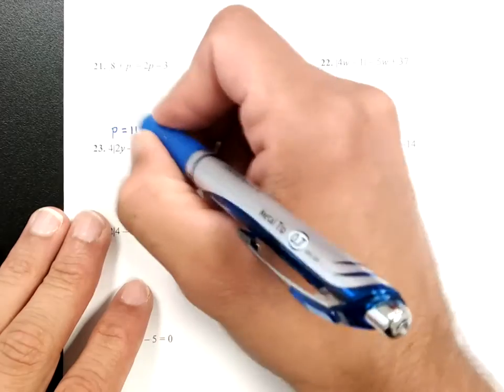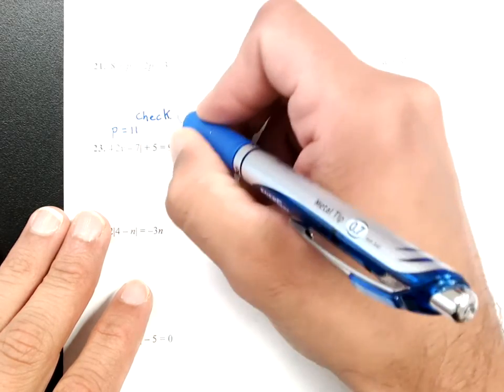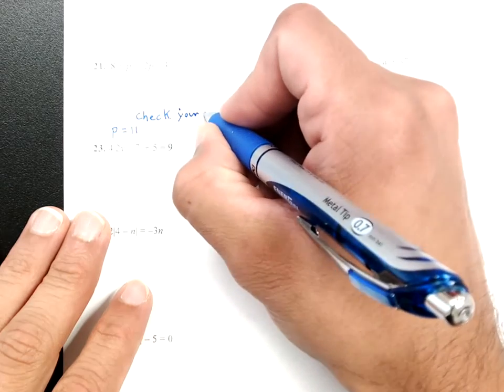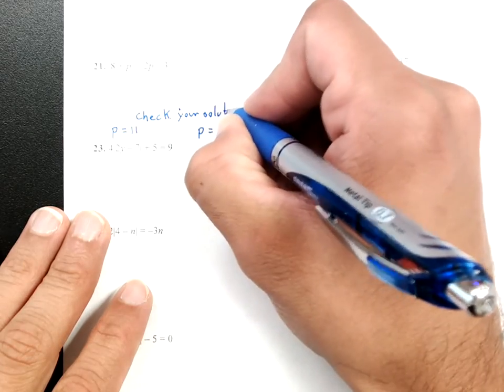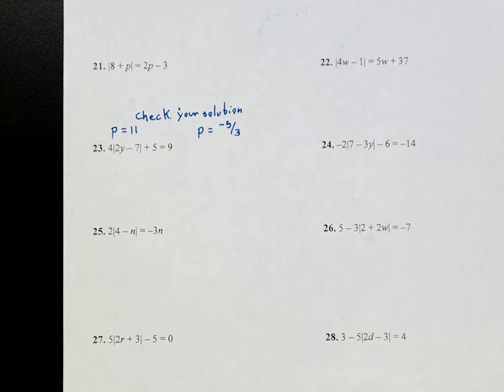Make sure to check your solutions, please, because one of these is not a solution. You don't have to write check solutions, that's for you. Once you get to these answers, please check both of them on the calculator. I think that's the last one that I asked you to do, wasn't it?